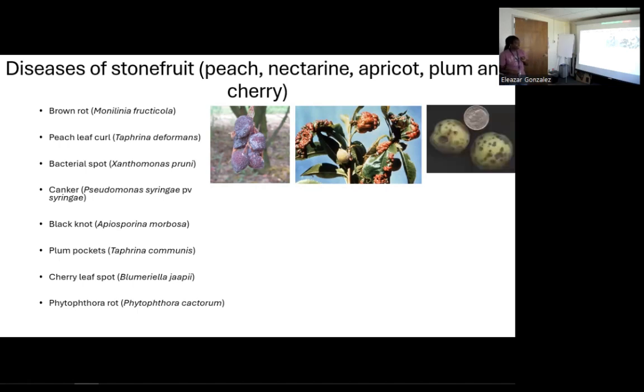We also have bacterial spots. So caused by bacteria Xanthomonas, there is a fruit with so many spots, you cannot sell that. And that would, I guess, affect your fruit quality as well as your ability to sell because you have all these scabs and there's not really much you can do about those.